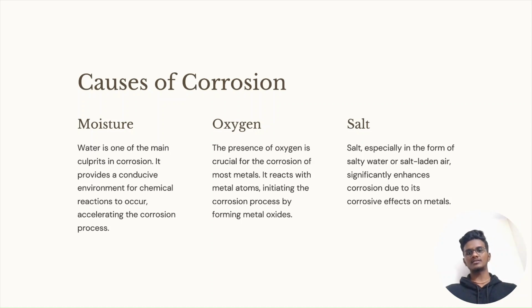The presence of oxygen is crucial for the corrosion of most metals. It reacts with the metal atoms, initiating the corrosion process by forming metal oxides. Salt, especially in the form of salty water or salt laden air, significantly enhances corrosion due to its corrosive effects on metal.